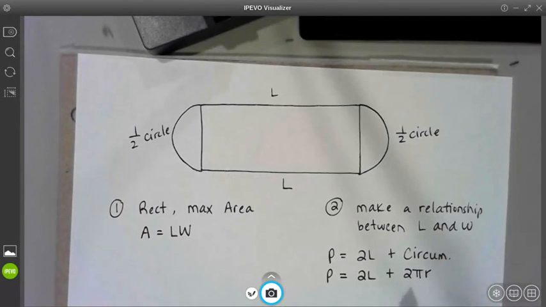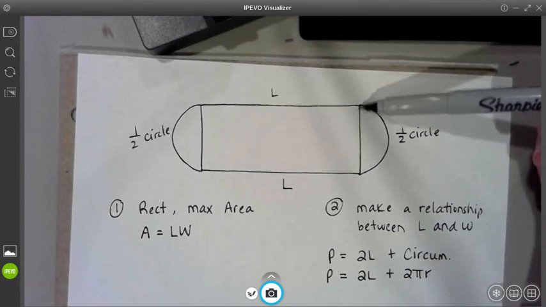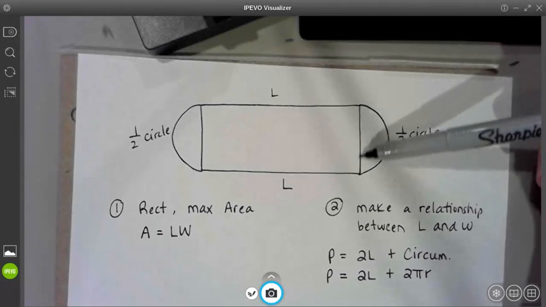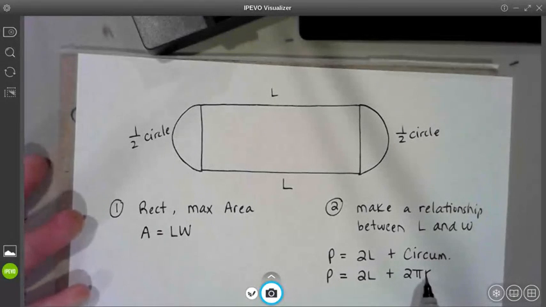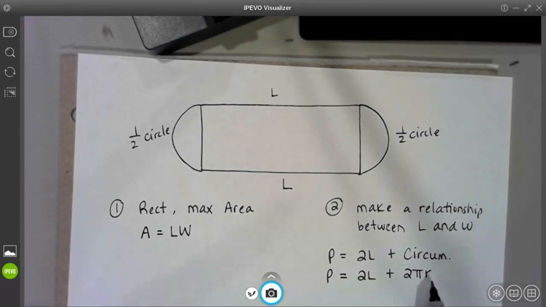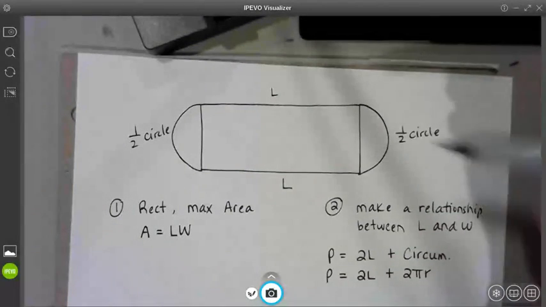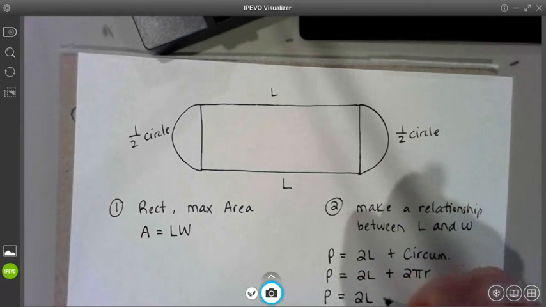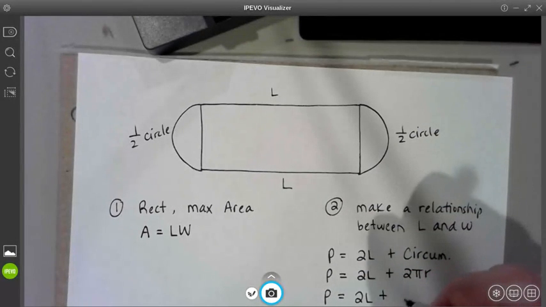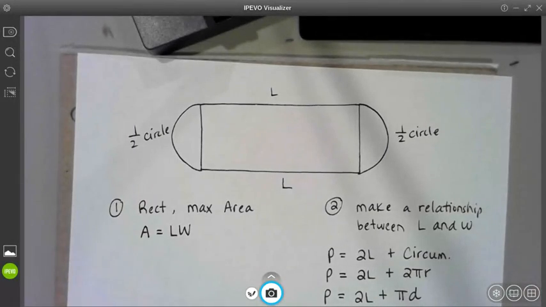But guys, we can make this even easier. Because the width of our rectangle is also the diameter of that circle, we can do 2 times r is d. 2 times the radius is the diameter. And since the diameter is my width, I think that would be easier to work with. So the perimeter is equal to 2L plus, instead of 2 times r, we're going to do pi times diameter, okay?